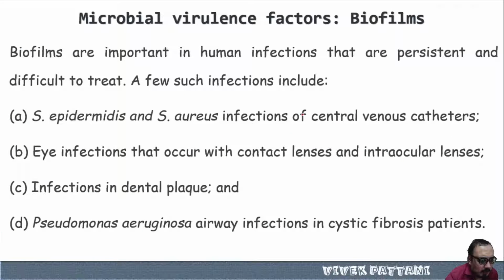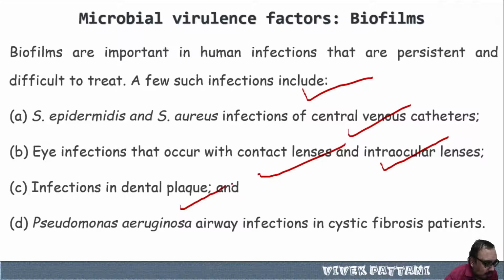A few examples of these infections include Staphylococcus epidermidis infections of central venous catheters, and eye infections that occur with contact lenses and intraocular lenses.